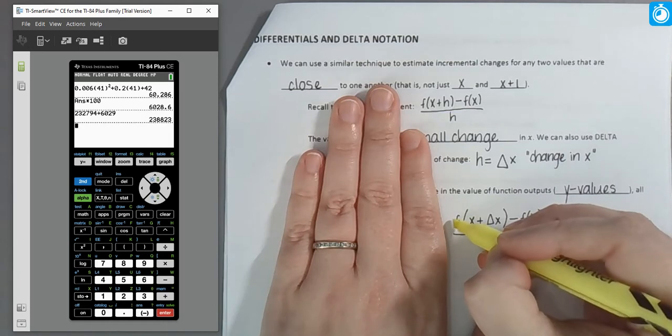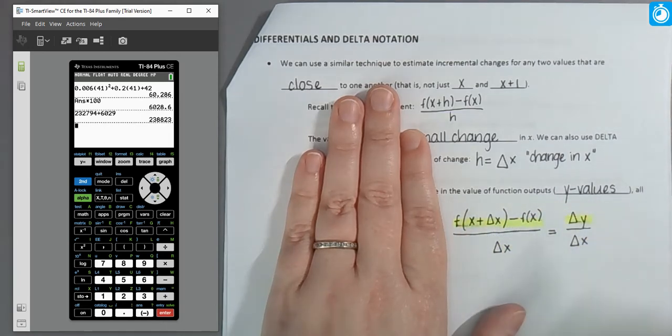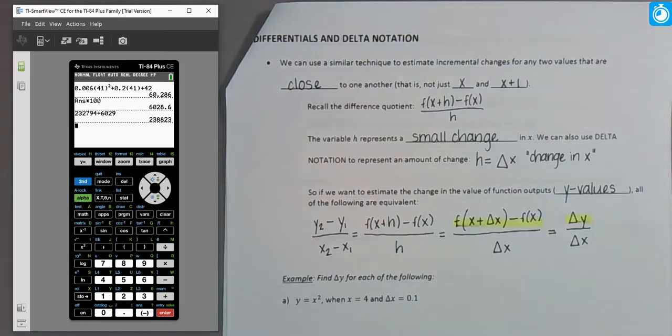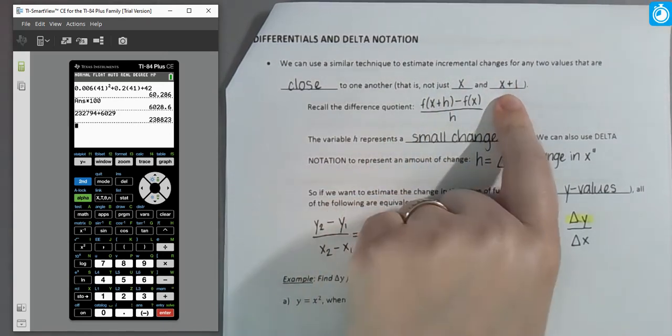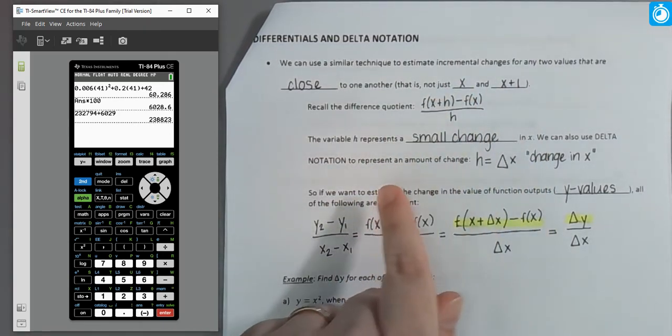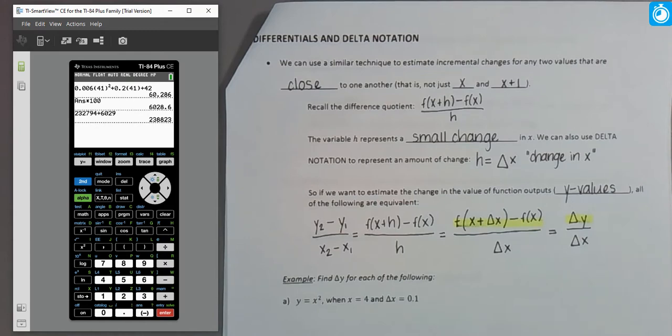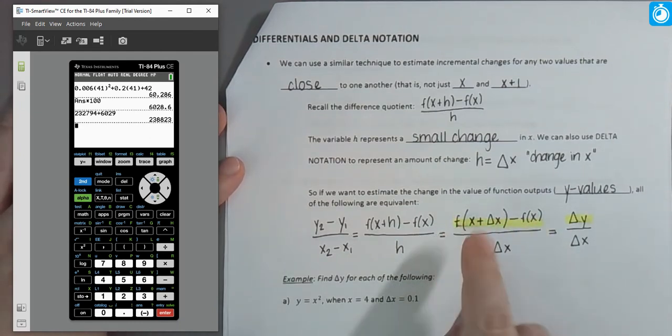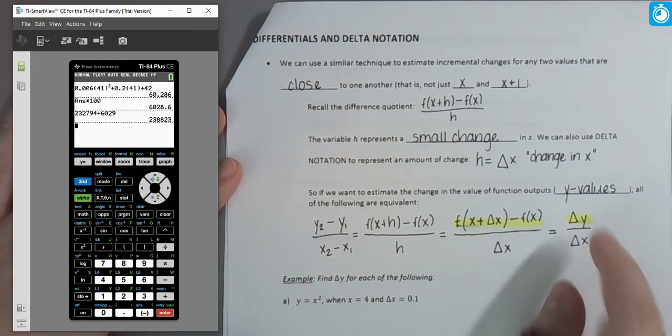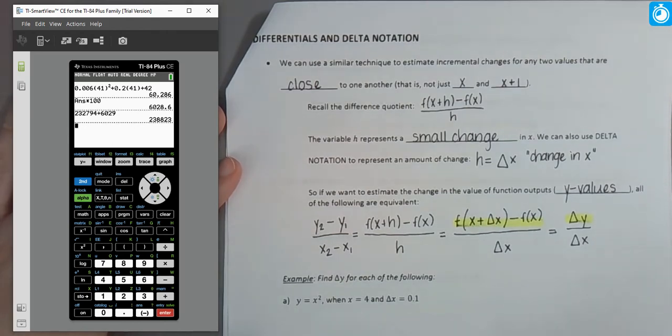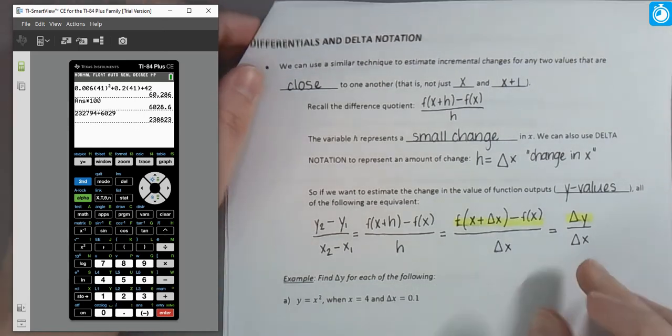So if we look at these two numerators together, that is going to give us our expression for how we can approximate the change in y values if we're looking at this particular kind of situation where maybe we're not going from x to x plus 1, but an original x value to some unknown new x value. Maybe we jump by less than 1 unit. Maybe we jump by more than 1 unit. This is a more general approach to determining how our y values change regardless of how our x values change. So that expression is going to tell us how our y values change based on an amount of change in x.